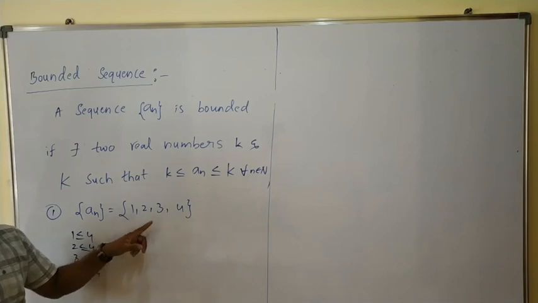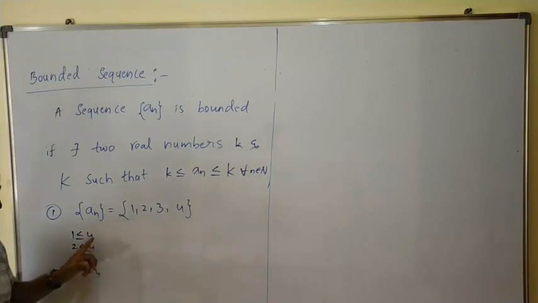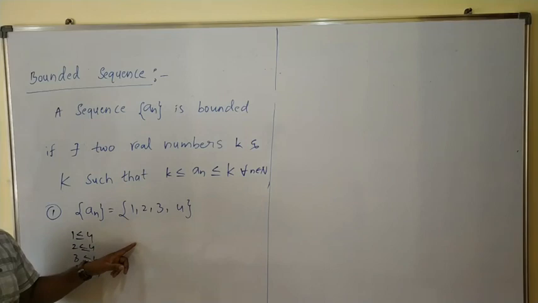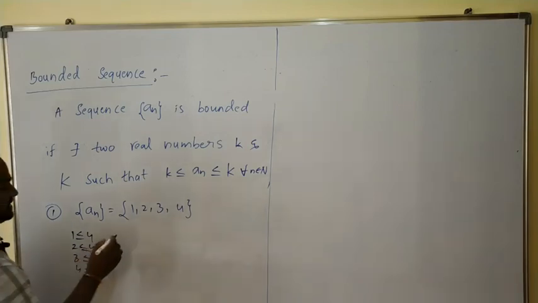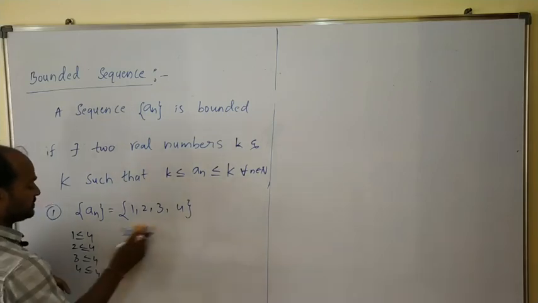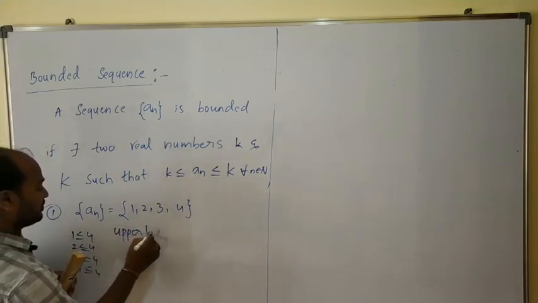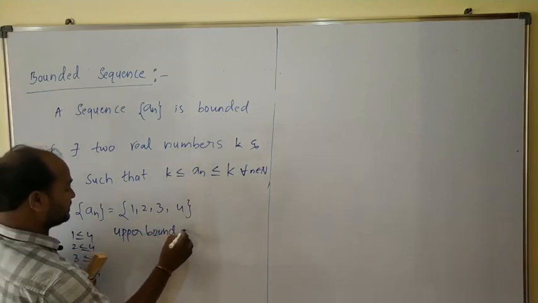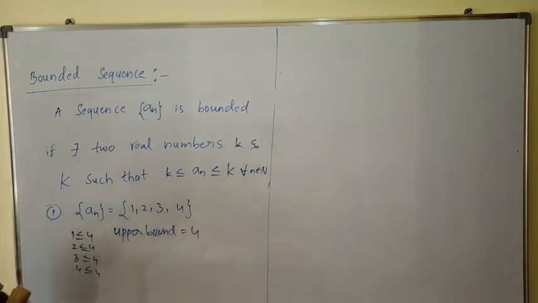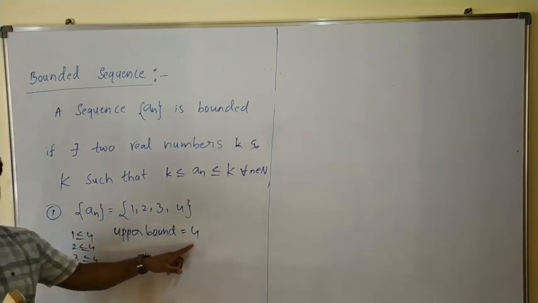So we can say that this sequence is a bounded above sequence, and the upper bound is 4, because every term in the sequence is less than or equal to 4.